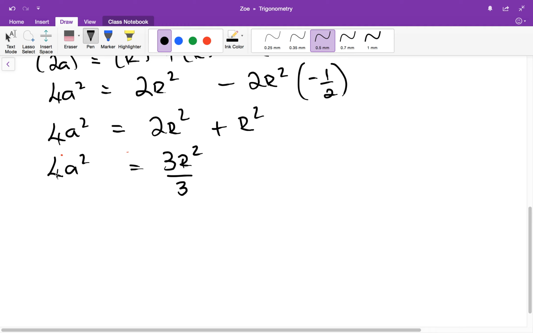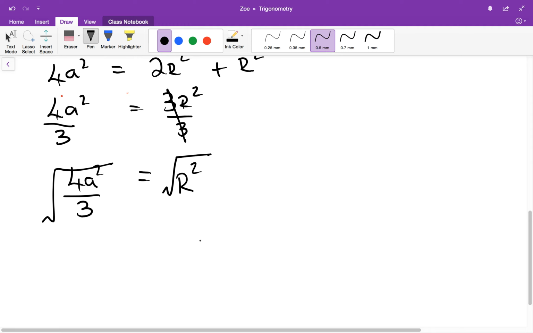If I divide by 3, I get r squared equals 4a squared over 3, and then take the square root of both sides. So r is the square root of 4, which is 2, the square root of a squared, which is a, and the square root of 3, which is square root of 3. So that's r in terms of a.